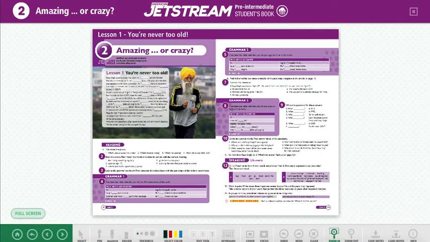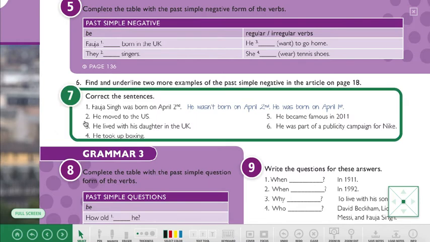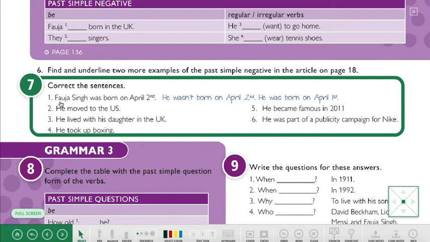Next, we are not gonna do exercise number 6, no. Number 7. In number 7, we are going to correct the sentences. For example, we have to read the text here, this one, okay? These sentences are about this text. So you have to read the text and identify the false information in those. For example, Fauja Singh was born on April 2nd.